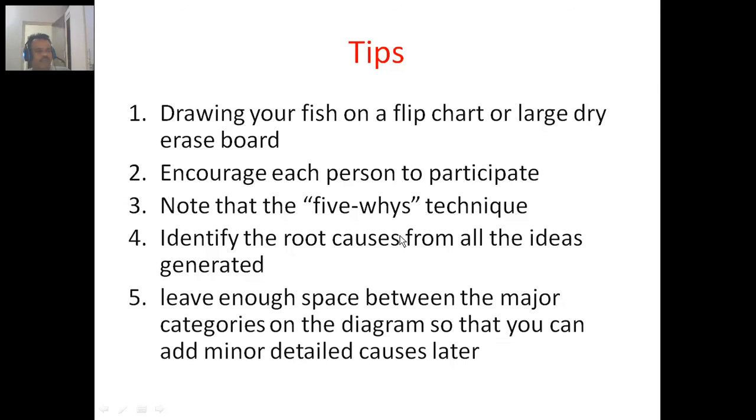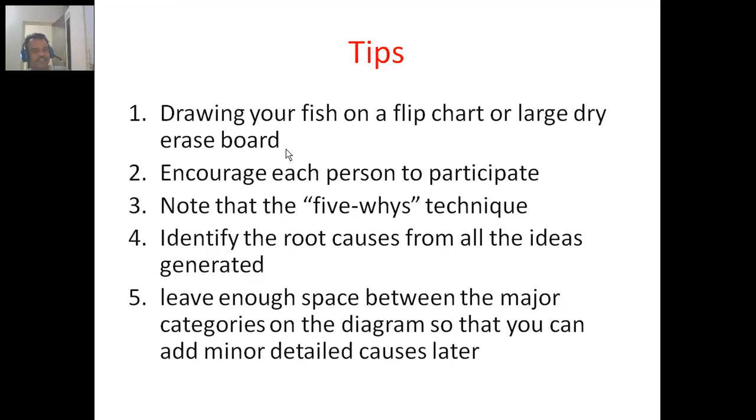Now, what are the tips to perform small group discussion activities such as the fishbone diagram? Draw your fish on a flip chart, or a large dry erase board, or you can simply use a blackboard, or even drawing paper. Personally, I prefer using drawing paper or chart paper. Encourage each person to participate.